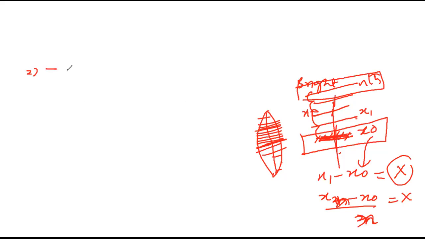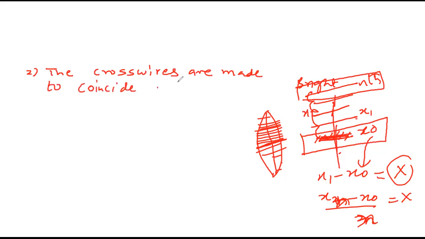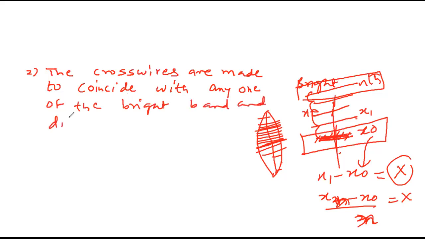So first line I am writing like this: the cross wires are made to coincide with any one of the bright band and distance x0 is noted.